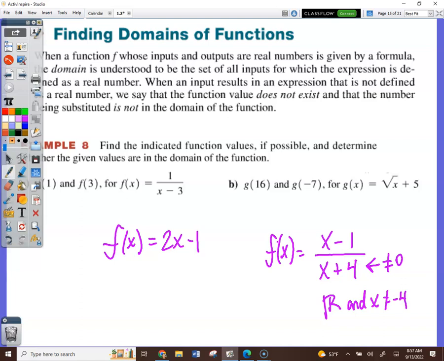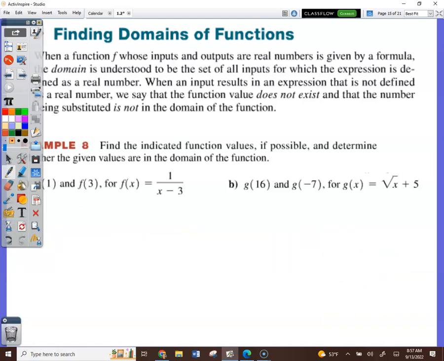Look at the first one. When we do domain, a lot of times people either really get it or sit there and struggle with it because they just don't understand what domain means. We will have 2 types of functions where you have to be careful, meaning all the others are all real numbers.